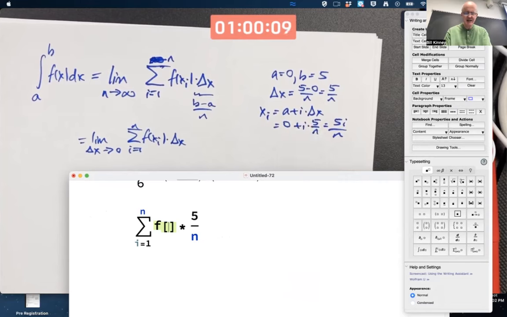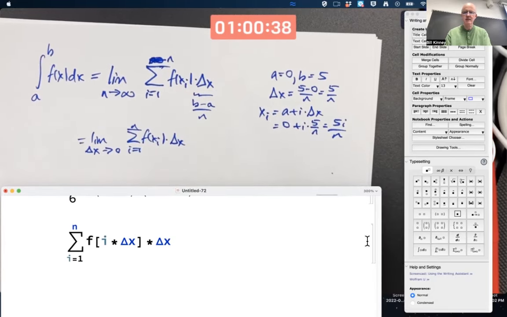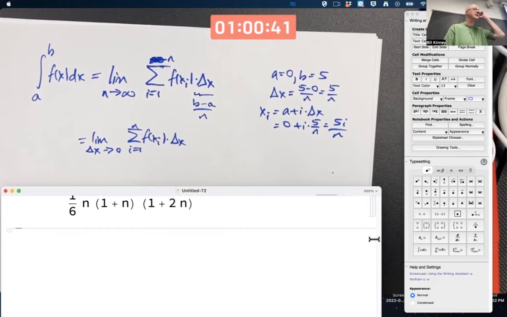I'd write an i times delta x in here, I guess, and I just write a delta x over here. Although then the n's not in there. I guess it is kind of a problem, doing it that way. You've got to get it in terms of n if you're going to write it this way. I guess that doesn't work. But I can still write it this way by hand. That's still fine. I just can't put it in the computer.